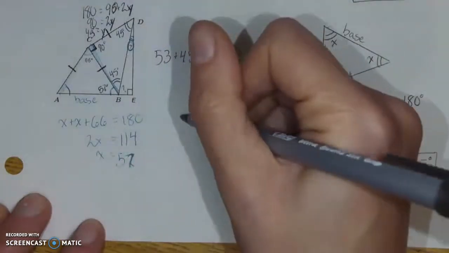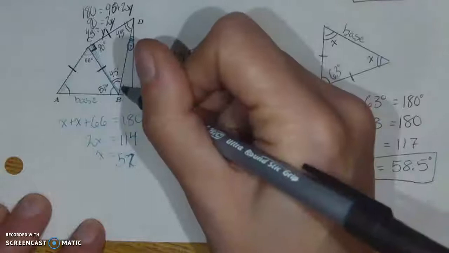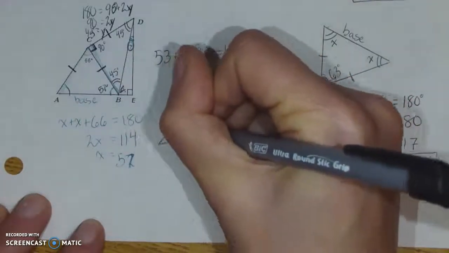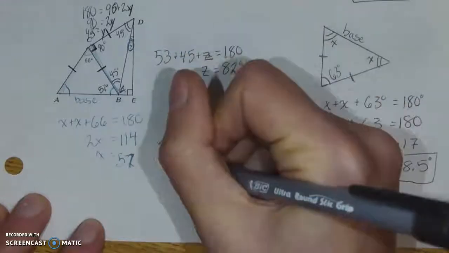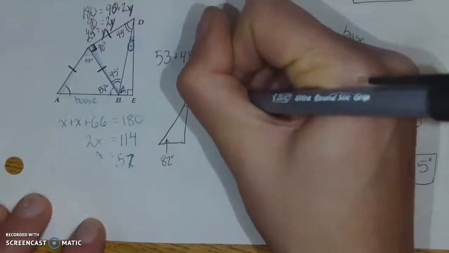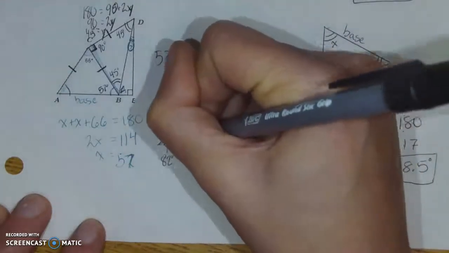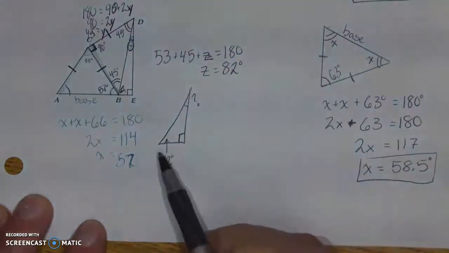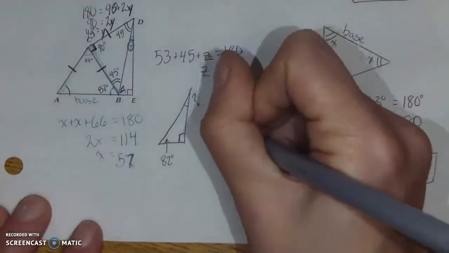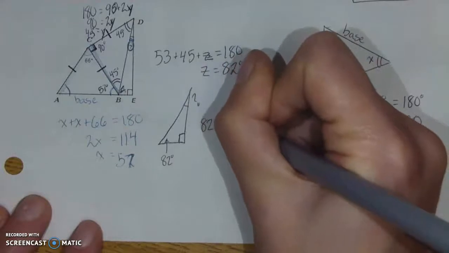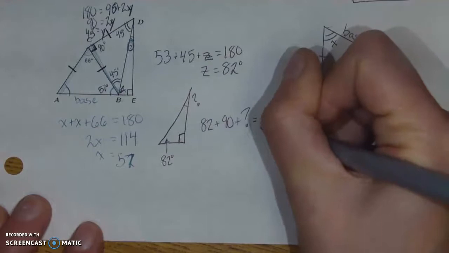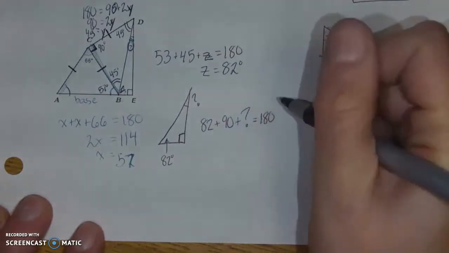Well, if Z is equal to 82, and Z is the measure of B here, then that means that what I have is an 82 degrees here, the angle that I actually want over here, and a 90 degree in the corner. So the sum of these three angles has to be 180, which means 82 plus 90 plus my unknown is going to equal 180.